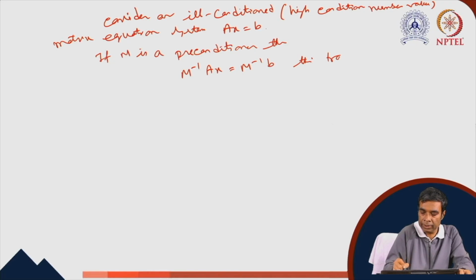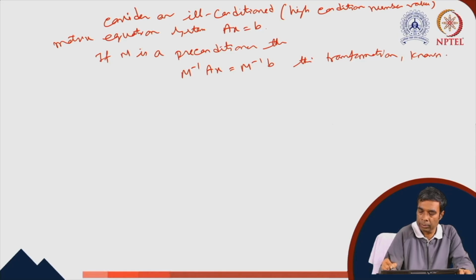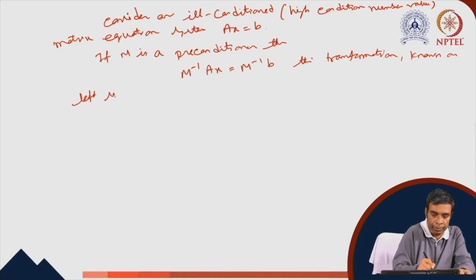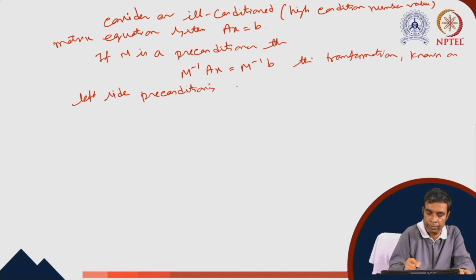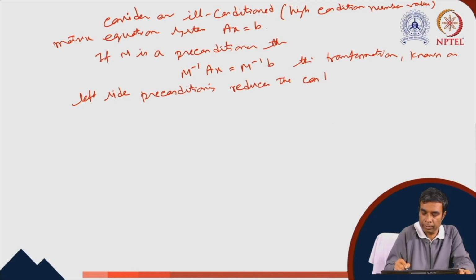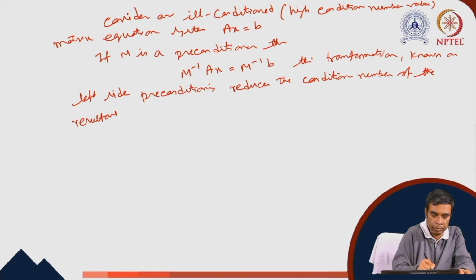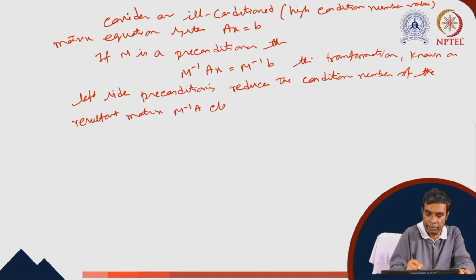This transformation, known as left side preconditioning, reduces the condition number of the resultant matrix M inverse A close to unity or 1.